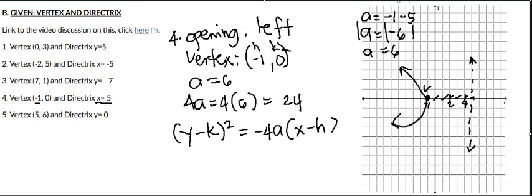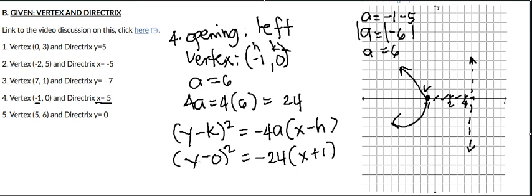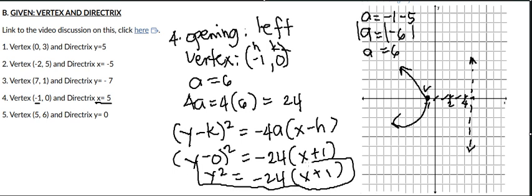Plugging in, we've got y minus k, which is 0, squared equal to negative our 4a, which is 24, times x minus our h, which is negative 1. So that makes it a plus 1. Simplifying, this is y squared equal to negative 24 times x plus 1. So that is how we write our standard form of the equation of the parabola.